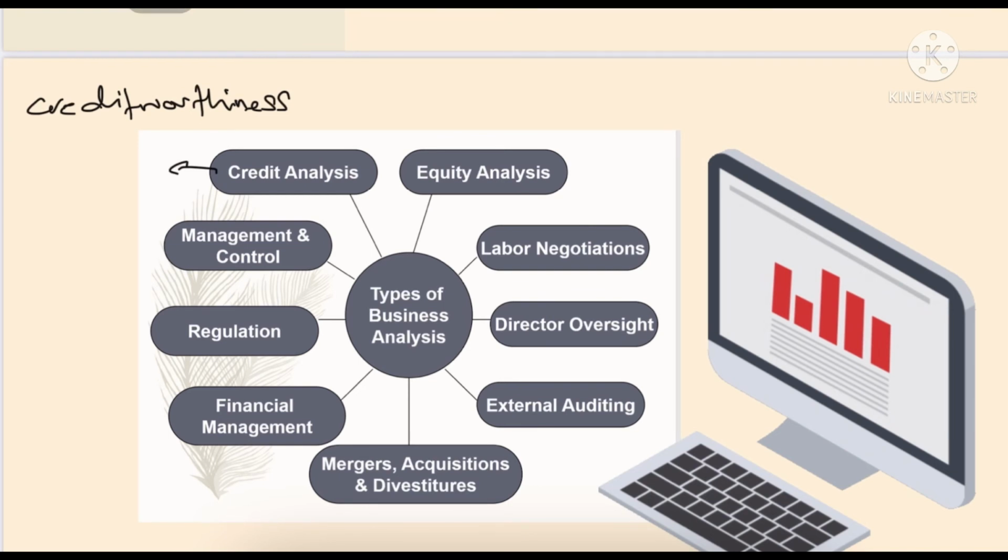They will analyze the creditworthiness of the borrower, whether to grant a loan or not to the prospective borrower. They also check the creditworthiness by looking at the liquidity or the solvency of the potential borrower.